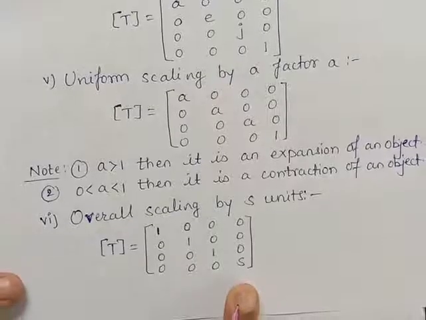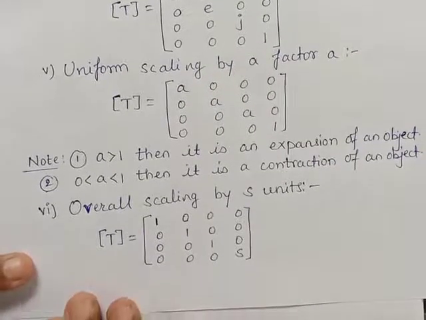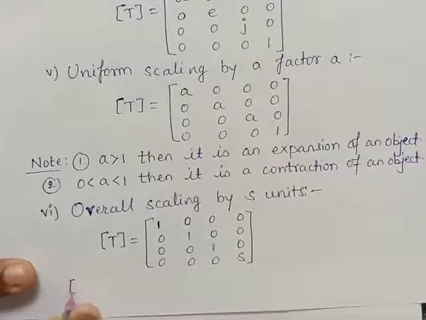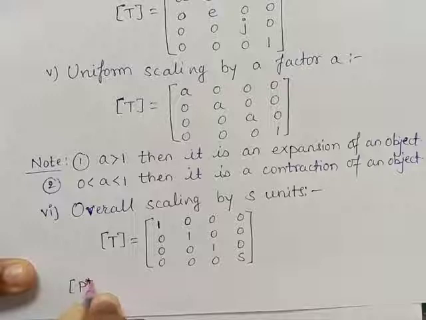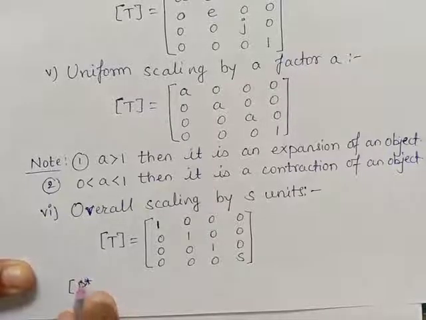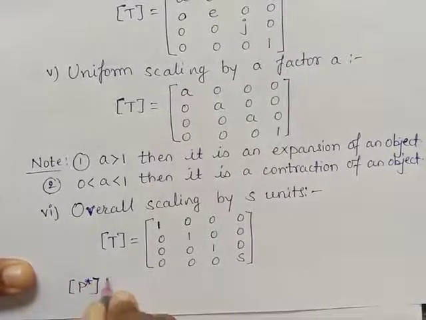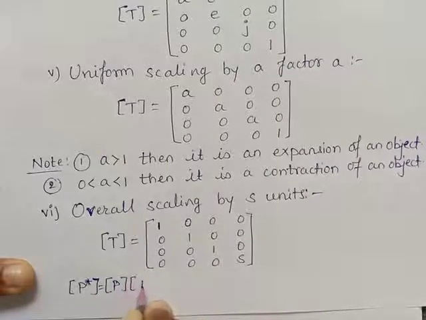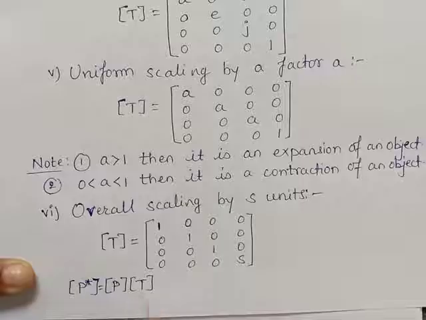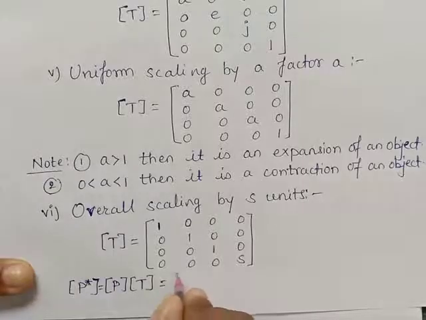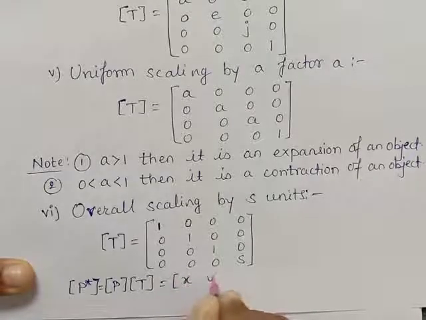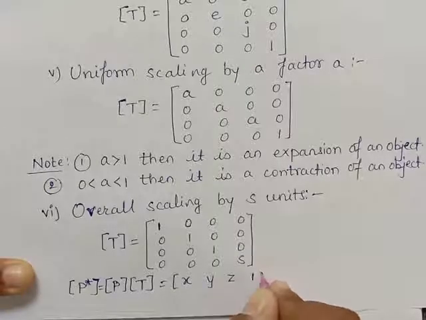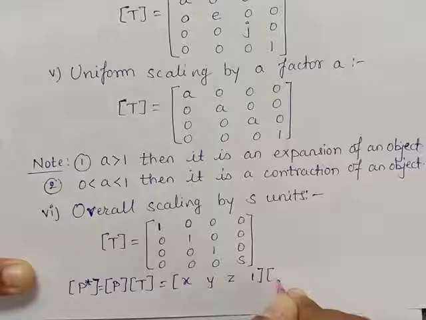For example, suppose I have to obtain a point P star by applying this matrix T on a point P, having coordinates x, y, z, 1, right?